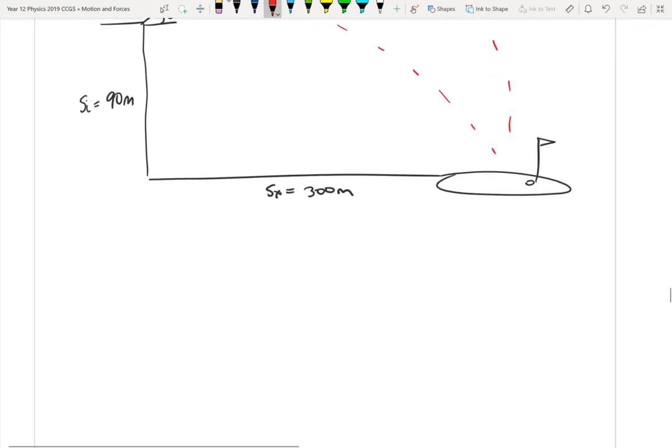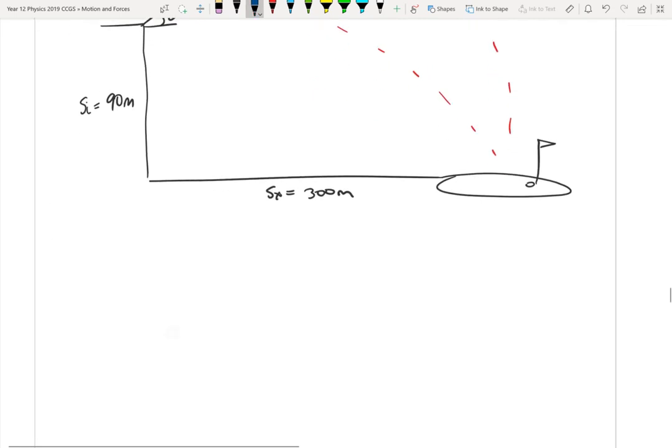Now, from the vertical, S equals ut plus a half a t squared plus s initial. Oh wait, yeah, no, it is 90. I'm going to write plus 90, 0 equals 65 sine theta, wait a second, I've missed a t, minus 4.9 t squared.